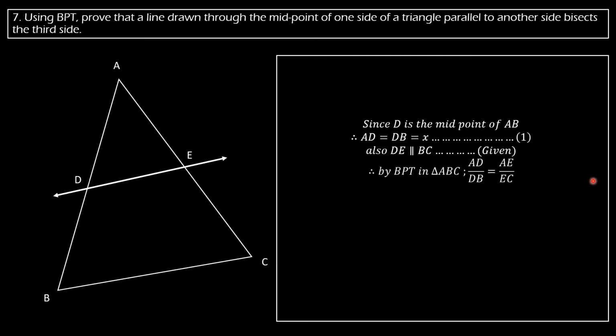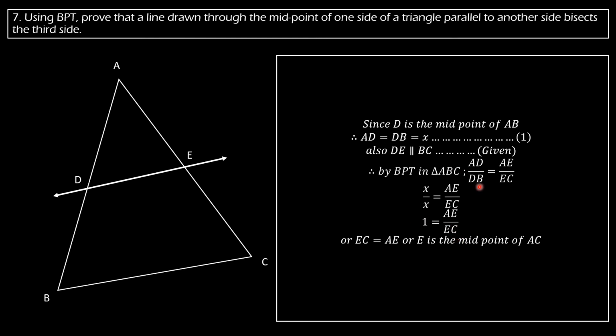So by basic proportionality theorem, in this triangle AD upon DB is equal to AE upon EC, since DE is parallel to BC. AD and DB are both taken as x, so x upon x is equal to AE upon EC. Further, 1 is equal to AE upon EC, or EC is equal to AE.